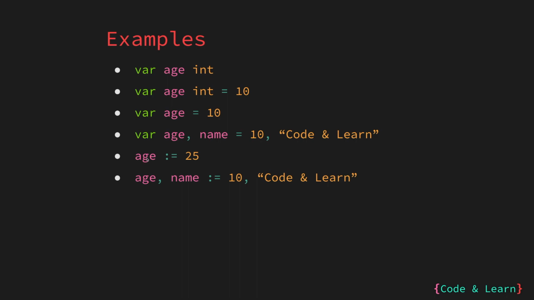We can also do age := 25, which is a shorthand for var age = 25. Similarly, we can also do age, name := 10, "code and learn". Here, age will be assigned value of 10 and default type for numeric values, which is int or integer. Name will be assigned the value of a string, code and learn.